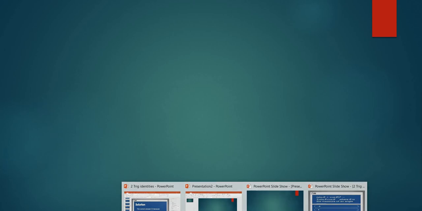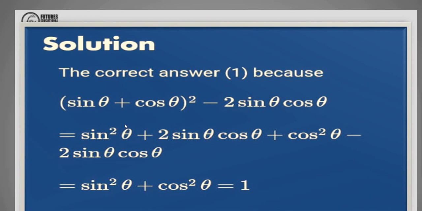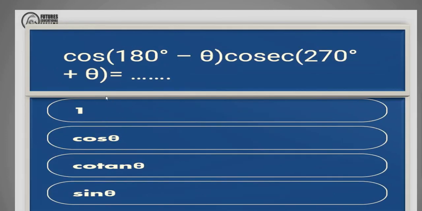Let's go to the second example. Cosine of 180 minus theta times cosec of 270 plus theta.